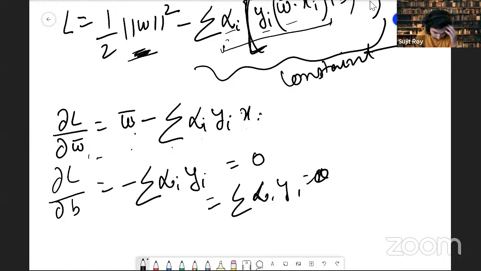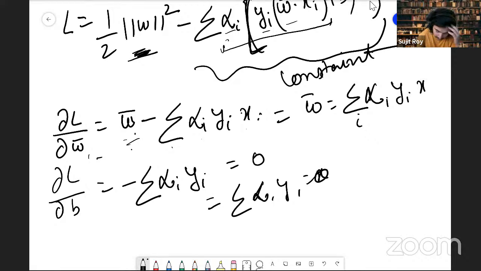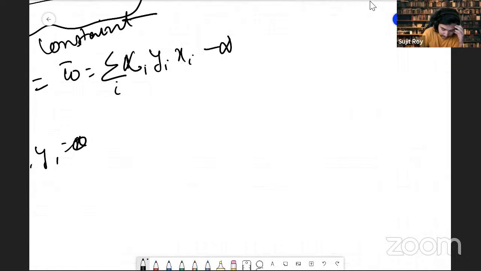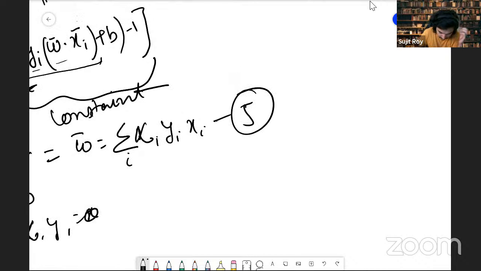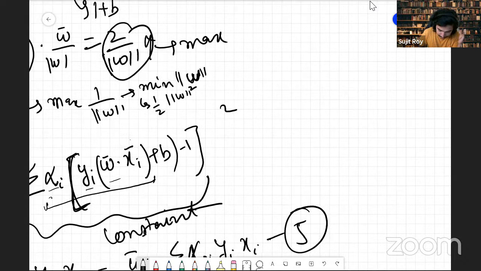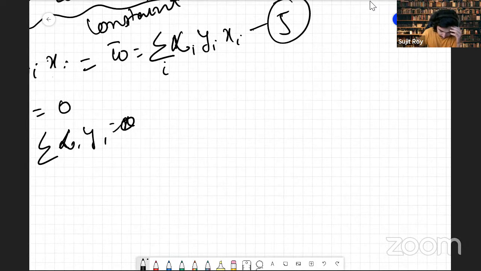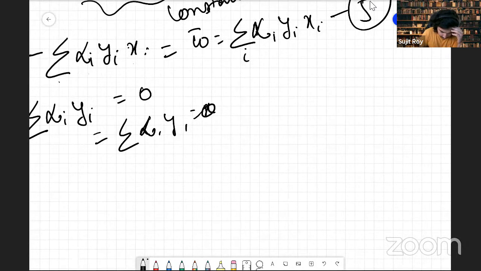If I want to write this and this is equal to 0, I can write it as w is equal to sigma running from i, you have alpha i, yi, and xi. Okay, we'll keep a note of this equation. I forgot where we're going. So let's take it again as equation 5.